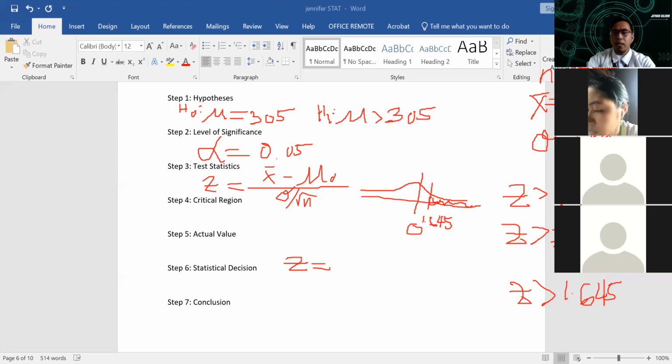What is our sample mean? That is 306.2. Your claimed mean is 305, right?